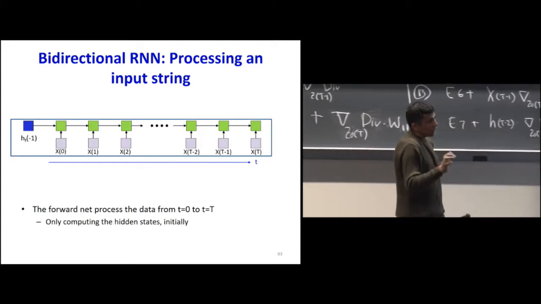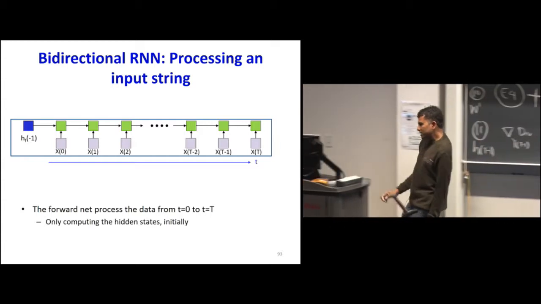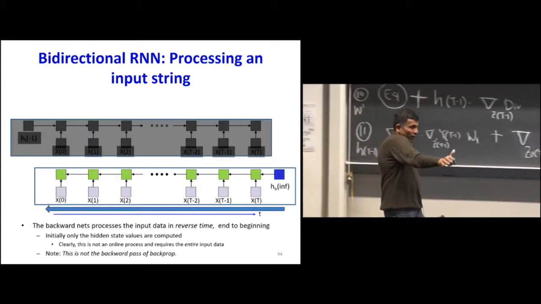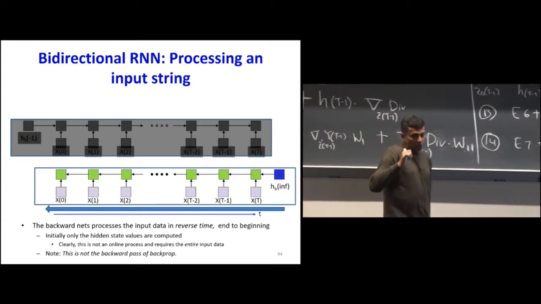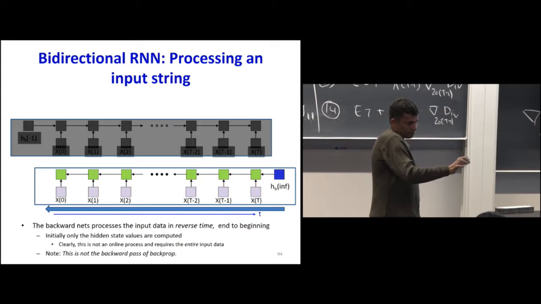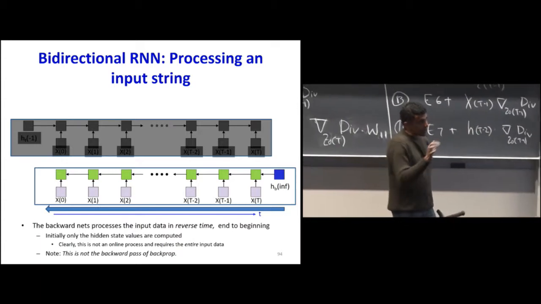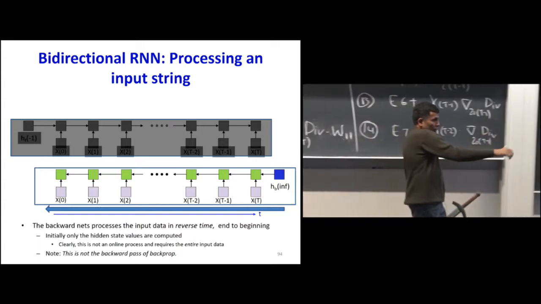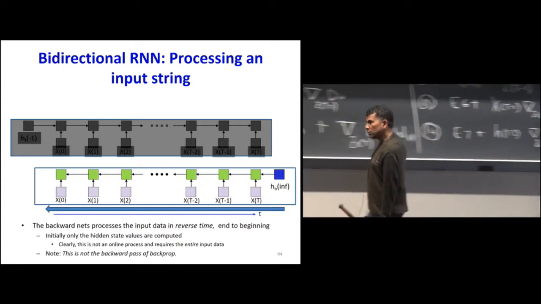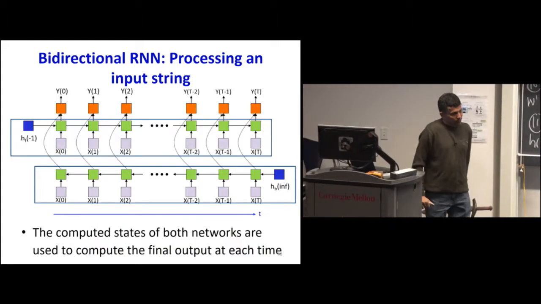You haven't yet computed the output. Then, once this is done, you take the same data and work it backwards through the backward network and compute the state values going backwards in time. So once you do this, you have the state values at each time computed, both going forwards and backwards. And then you can combine both of these to make your final output predictions, like so.